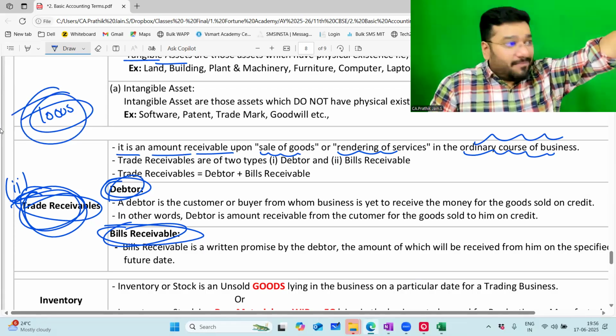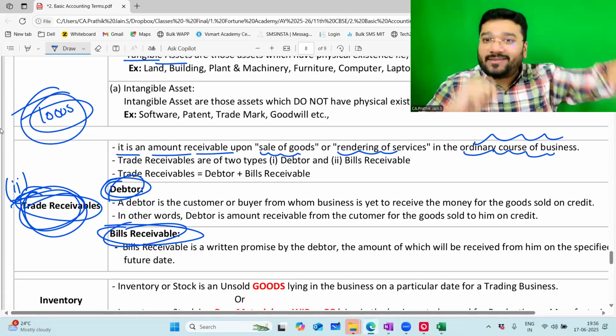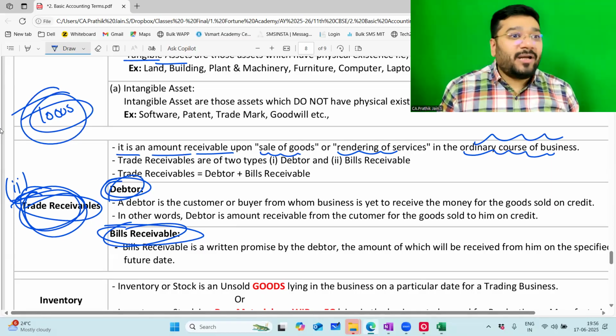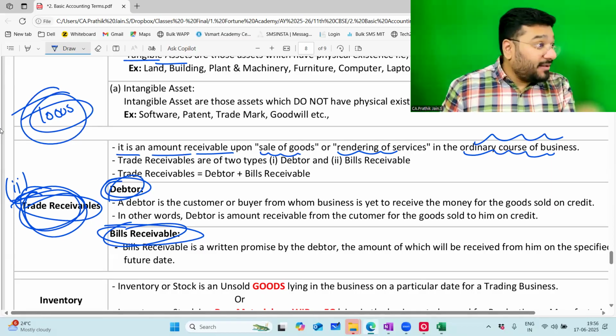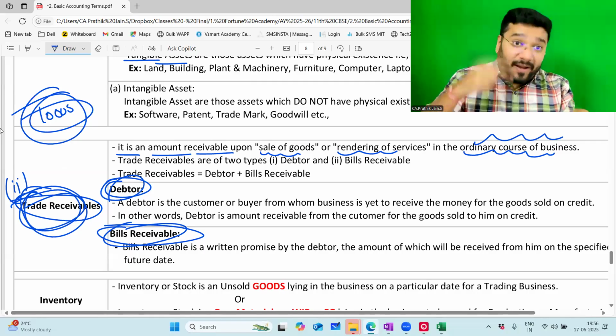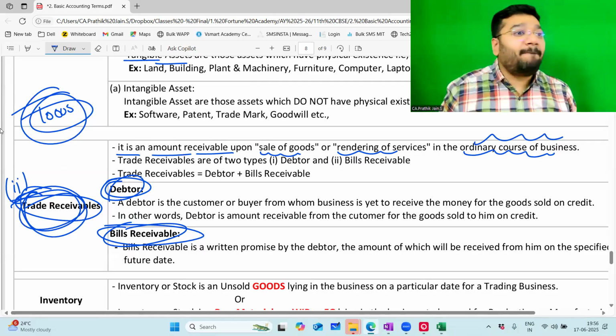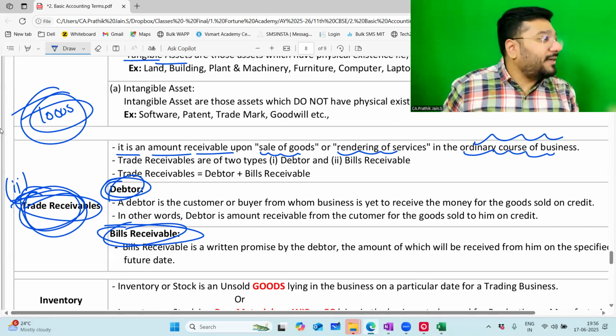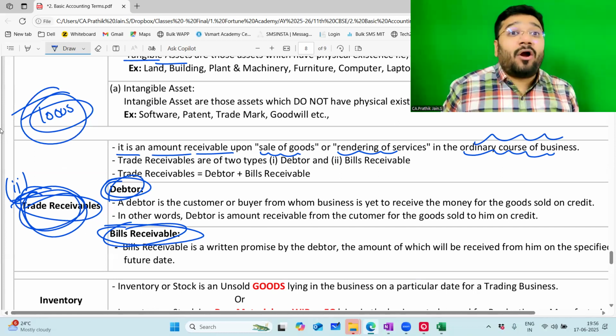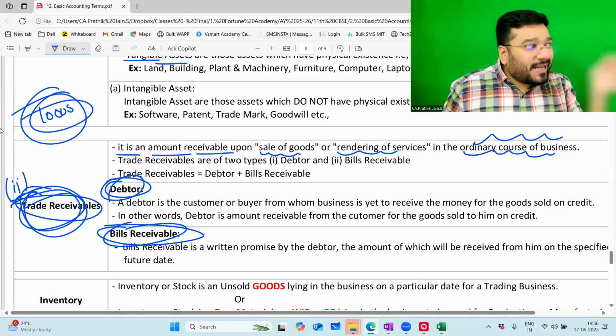Putting money in the bank as a fixed deposit is not my ordinary business. I did not start this academy so that one fine day I'll save money, put it in the bank, and receive interest from the bank. My motto is not that. Interest is not my ordinary activity. It is my ancillary activity, a side activity. Ancillary means what? Side activity.